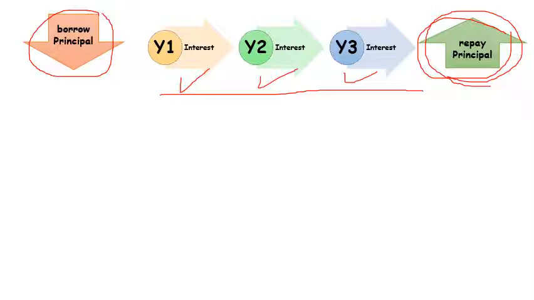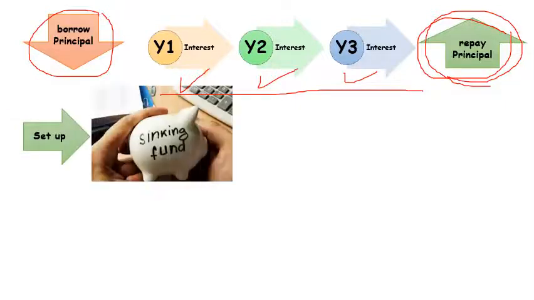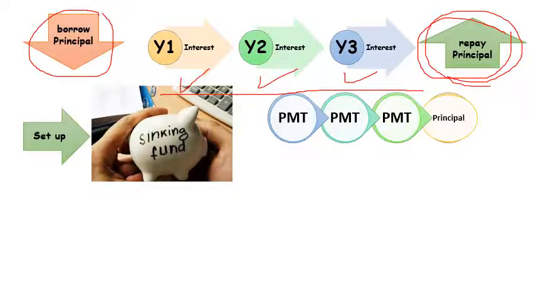But repaying the principal at maturity, after a specific number of years, involves the risk of inability to repay the full amount at maturity. So the best practice is to set up a sinking fund in which the borrower will deposit equal periodic amounts at a specific interest rate to accumulate the principal of the loan.